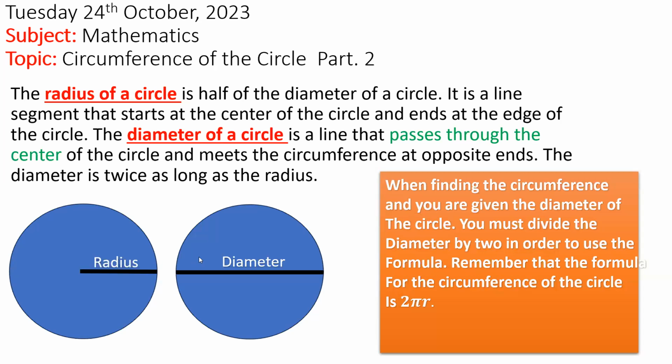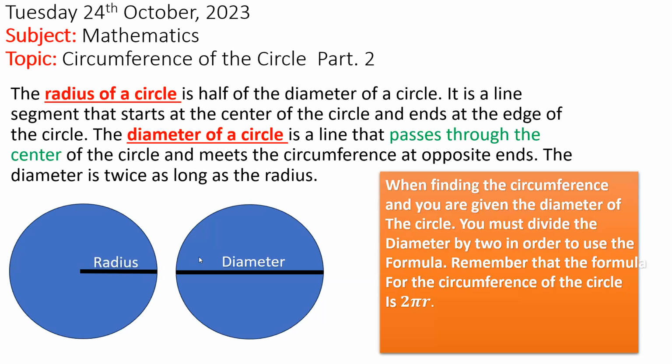I can't hear you, you have to speak into the mic. What is pi equal to? 3.14. All right, good. Kaden, what is pi equal to? 3.14. Very good.